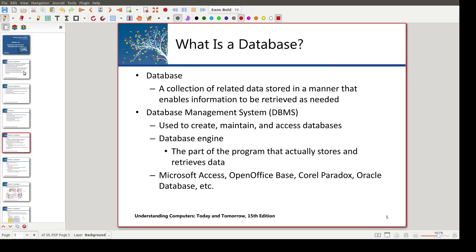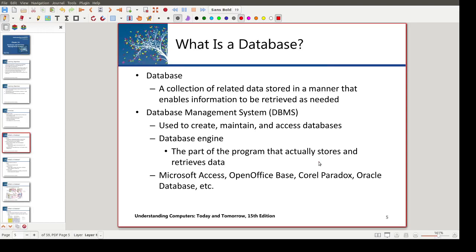Okay. So how can we treat this database? There is some special software called a Database Management System, DBMS. It is used to create databases, to maintain databases, and to access databases, and it has a very special part called the database engine, which is doing the most important job.